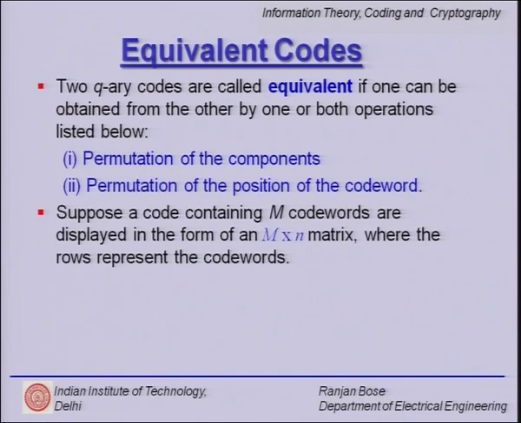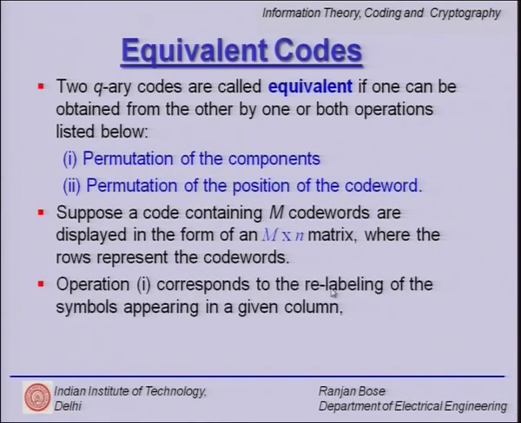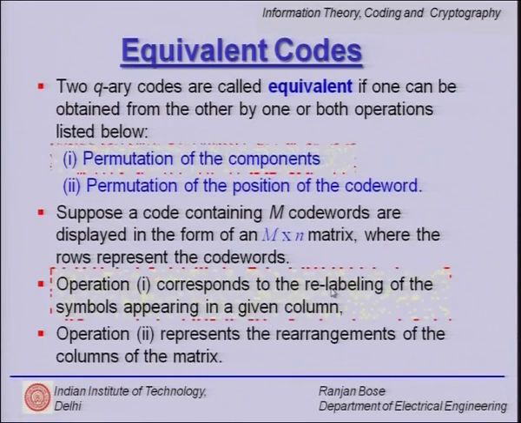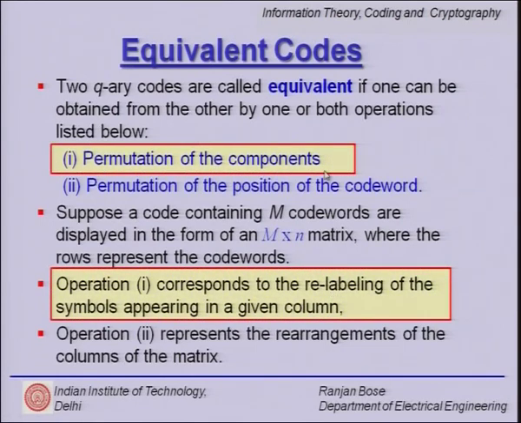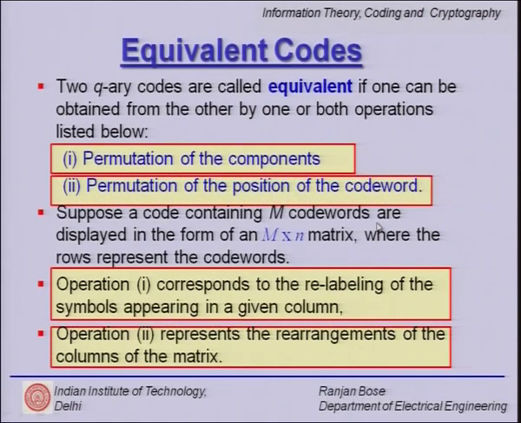And we said that we can define m code words in the form of a matrix which is m cross n, and then we can do two kinds of operations: operation 1 which pertains to permutations of the components and operation 2 which pertains to the permutation of the position of the code words.